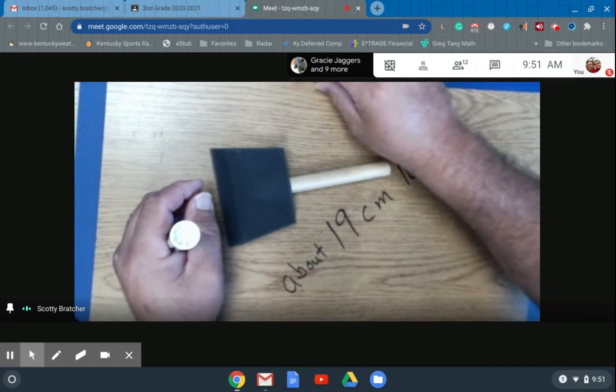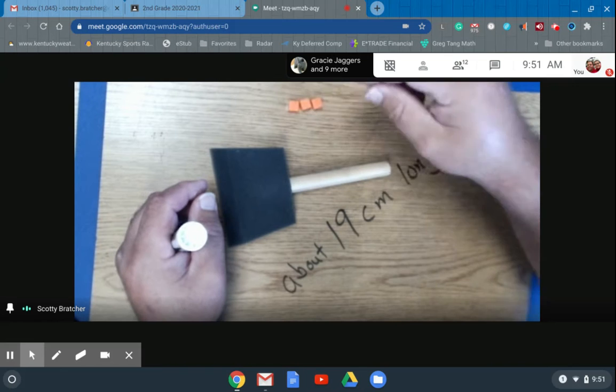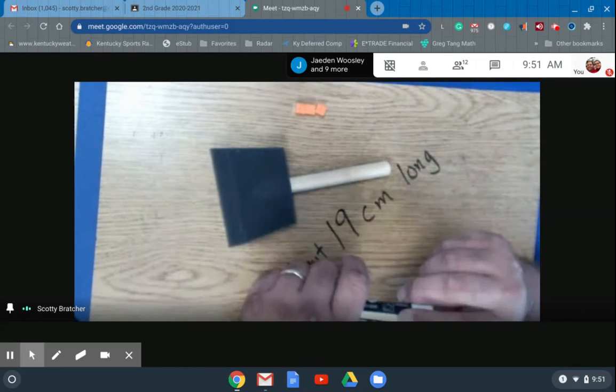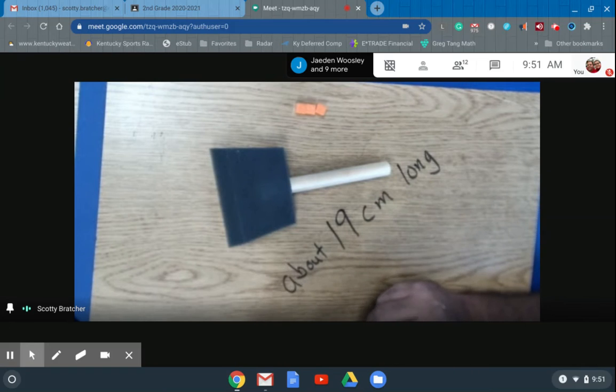Just think if you had to measure something at home. Let's say you're going to measure one of the walls in your house, and you're going to do feet, and you had to have 20 feet. Anybody got 20 feet laying around their house? No. Okay. You probably got 2 feet on you right now, right?